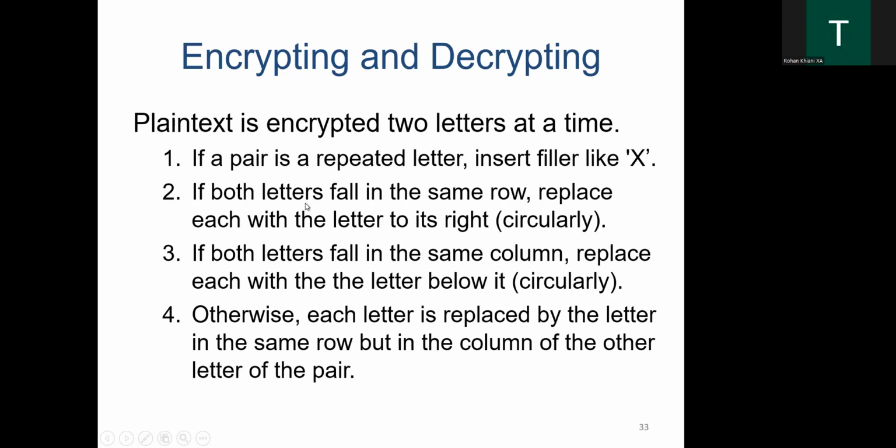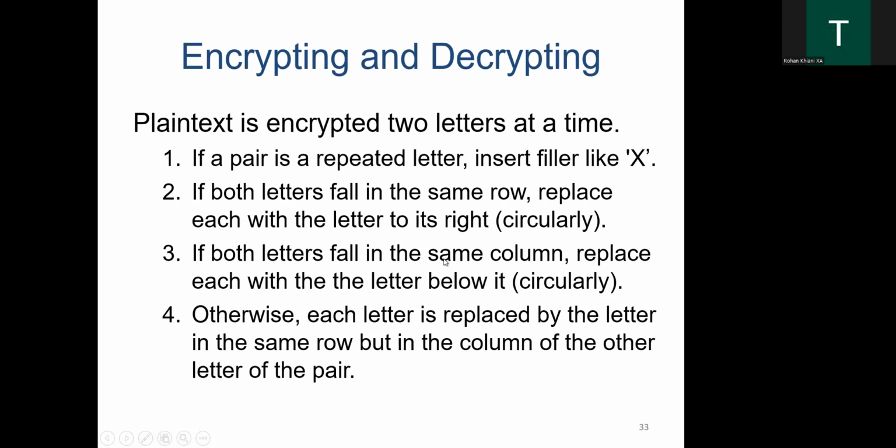Now we have made the pairs of the plain text. If both the letters of the plain text fall in the same row, then we have to replace each with the letter to its right.